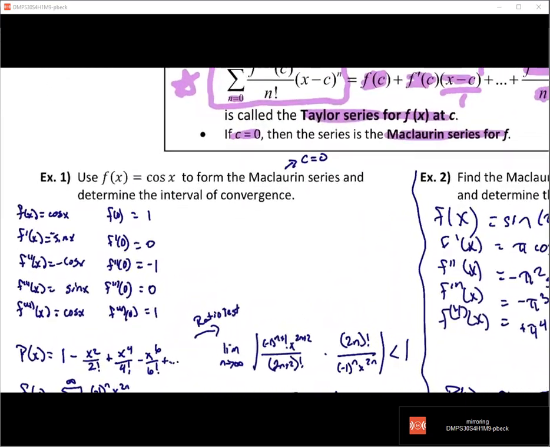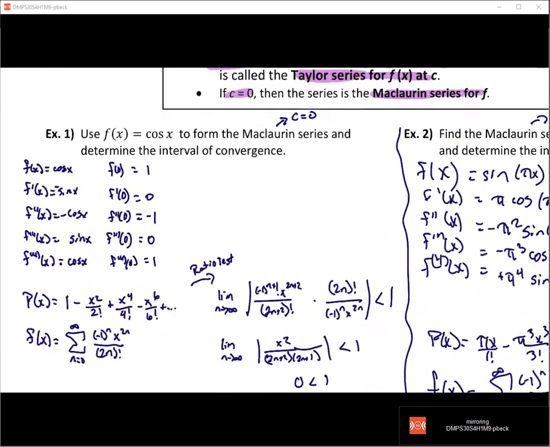So example number 1, we are asked to find the Maclaurin series, aka c equals 0, for cosine. This is something we should know pretty well because we've done it over and over again, but it doesn't hurt to do it one more time. So we find f, f prime, f double prime, f triple prime, and the fourth derivative. If I wanted to go to the fifth derivative, I totally could have.